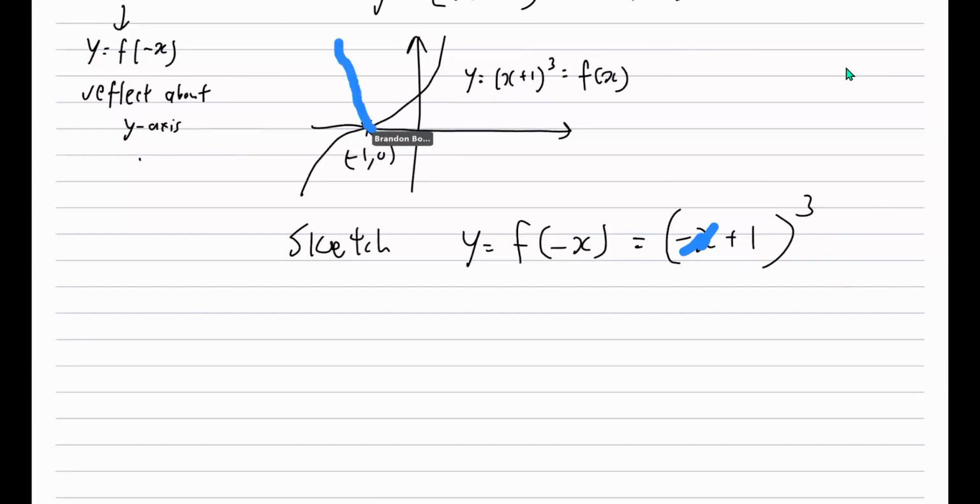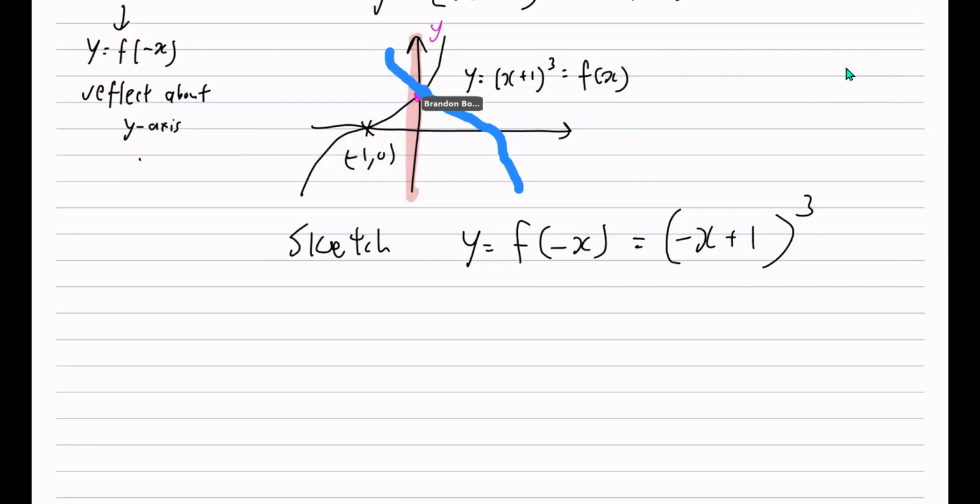Yes, about the y-axis. No, that's about the x-axis. What you just drew. The y-axis is this one. So like this. That's what I just drew. Yes, the intersection will stay the same. So like this.